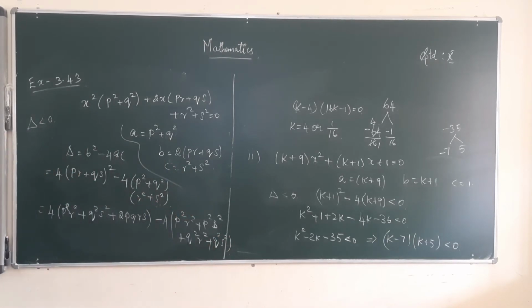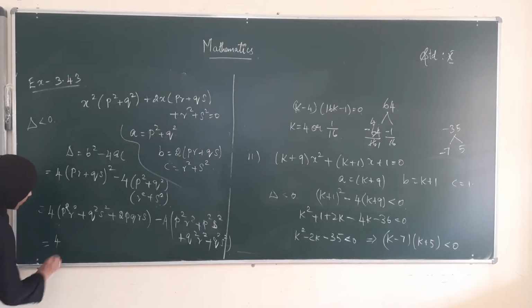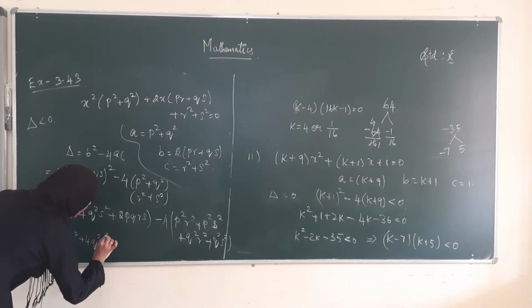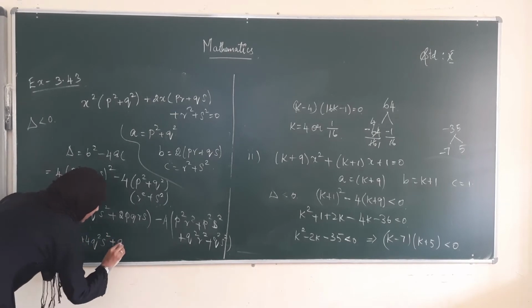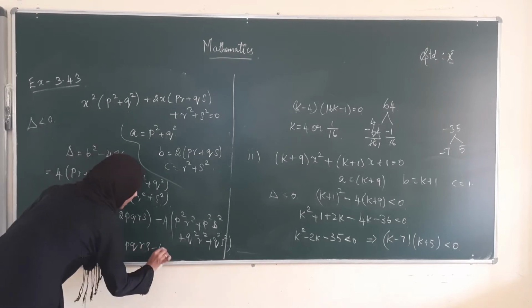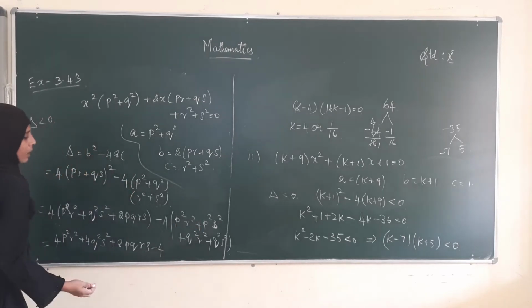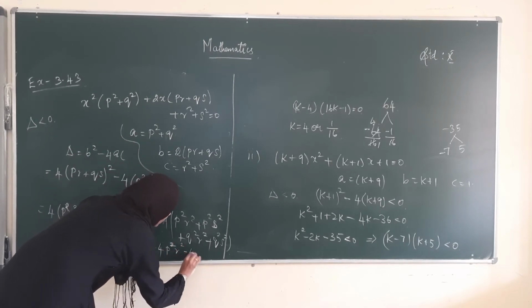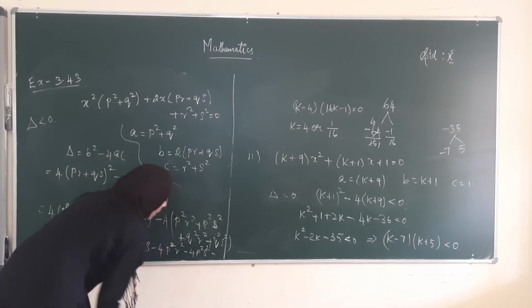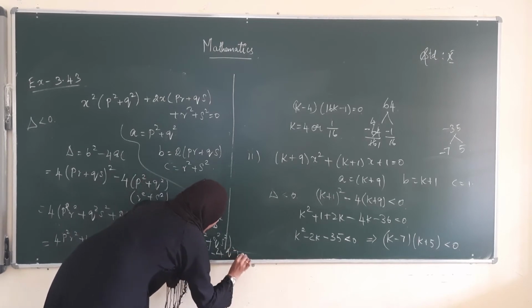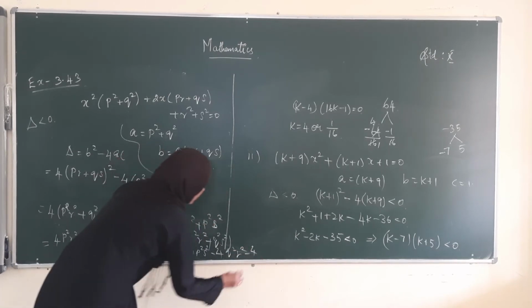Now we have to multiply 4 in every term. Okay, 4 P squared R squared plus 4 Q squared S squared plus 4 2s are 8, 8 into PQRS, minus, again multiply this 4 with all the terms inside, minus 4 into P squared R squared, minus 4 into P squared S squared, minus 4 into Q square R square, minus 4 into Q square S square.